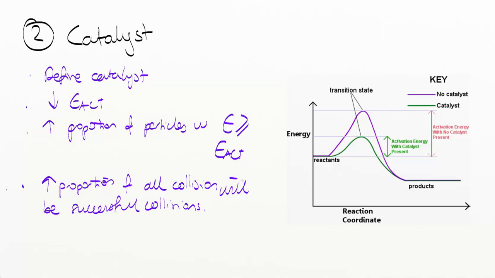So when more particles have energy greater than or equal to activation energy, we get more successful collisions. Therefore, with an increase in the proportion of successful collisions, we get an increase in the number of successful collisions per unit time, and therefore an increase in the rate of reaction. So that's your definition, that's your explanation for catalysts.